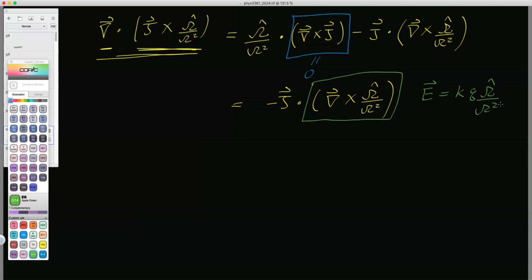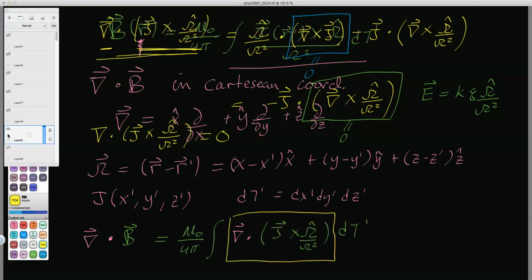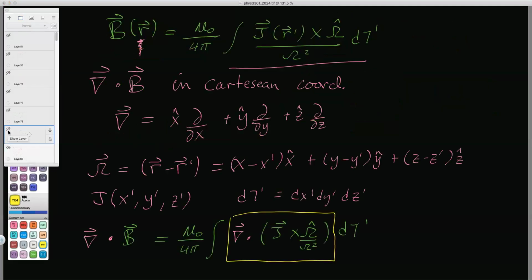So if the curl of E is 0, the curl of that thing is 0 too. So this whole term in yellow is 0. Okay, fine. So that means if we go back here, that was our whole thing. So that means that the divergence of B is 0, which we already knew from physical arguments.